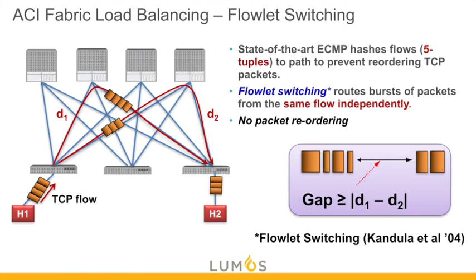And by doing that, we can rebalance the flow without delivering any out-of-order packets. Now, that gap needs to be larger than the latency between those two links, but since we're running atomic counters, we can take a look at that latency and determine, all right, we have a silence in this flow, let's go ahead and switch it over. This was developed by Kandula et al. in 2004, so this is about a 12-year-old idea finally being implemented.